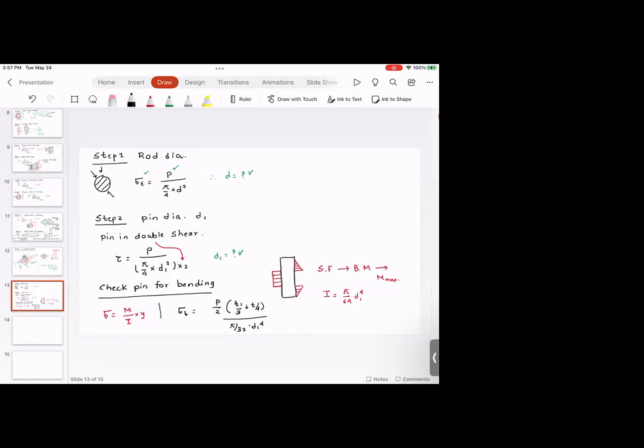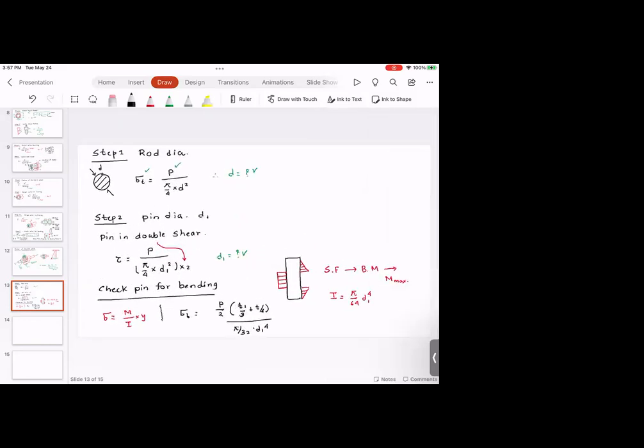And t1 is this distance, and t is this distance. So substitute these values and find out sigma b, and this needs to be less than sigma t.